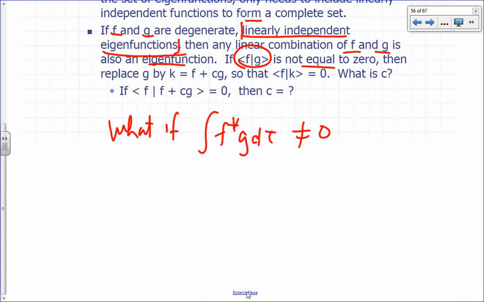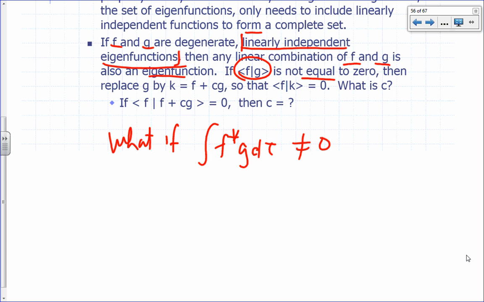All we have to do then is replace g. Our functions would include f and g and so on, but we don't want f and g together because they're not orthogonal. So we're going to replace g with something else.